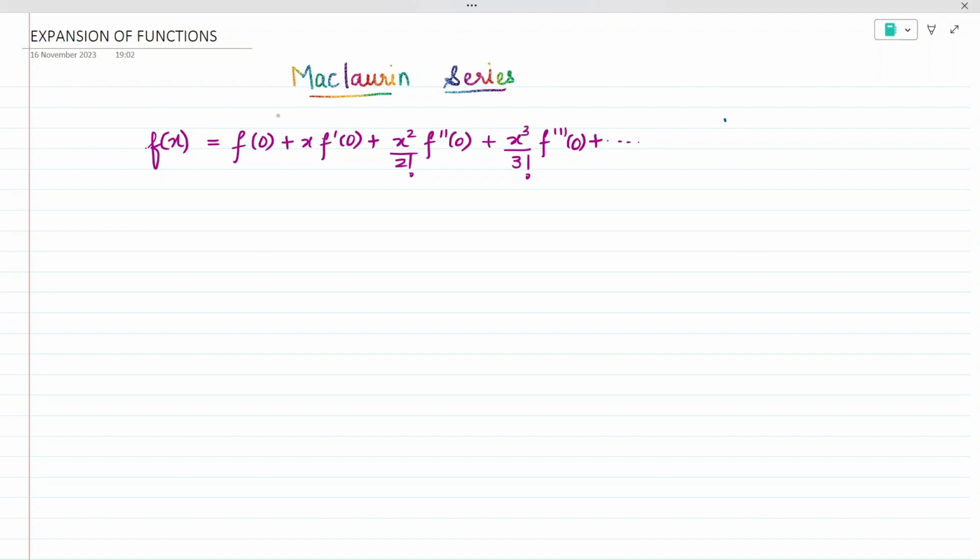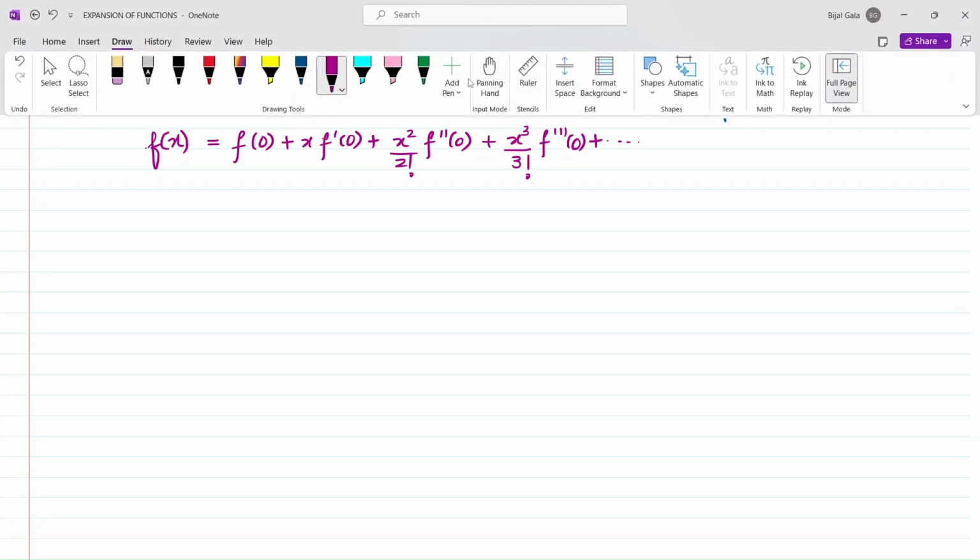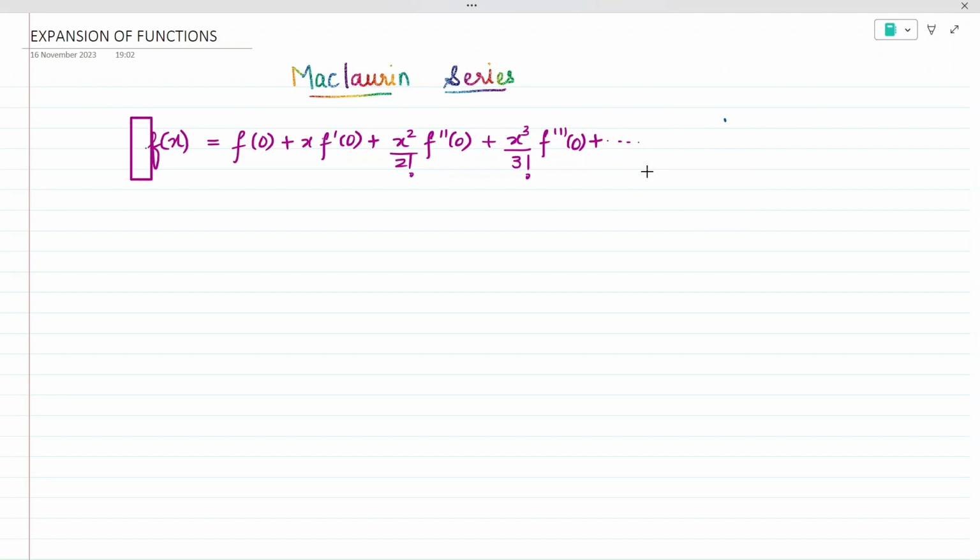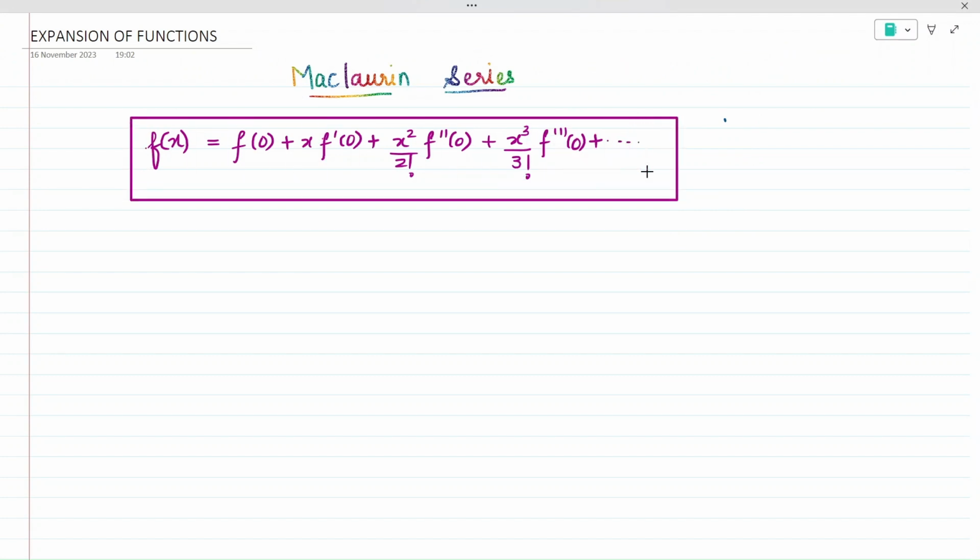This goes on till infinity. Okay, so this is your formula for Maclaurin series. You need to remember this. Fine, it's an infinite series. It will have infinite terms.